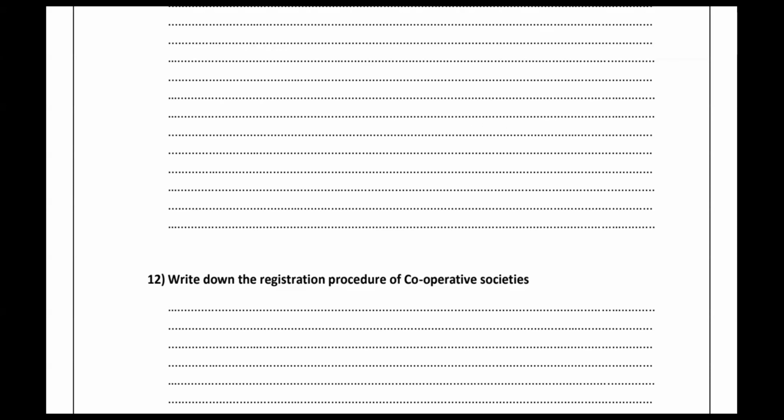Yes, legality. It has a legal personality. Cooperatives maintain legal personality. That means the society has a separate legal existence from its members. In legal matters, you can use the cooperative society's name. Members need not represent the cooperative society. So they have legal personality.